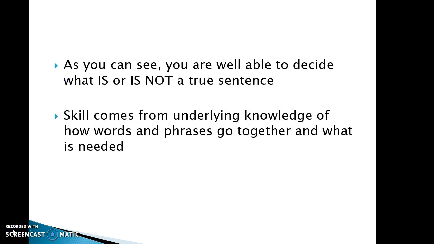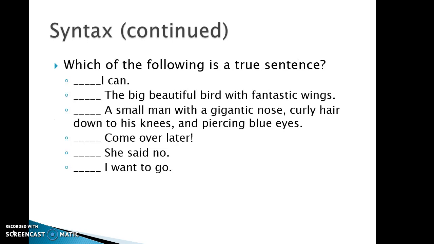As you can see, you're probably very well able to decide which is or is not a true sentence. If I go back to that, I can is a sentence. The big, beautiful bird with fantastic wings is not. A small man with a gigantic nose, curly hair down to his knees, and piercing blue eyes is not, because they lack that verb phrase. Come over later works as a sentence. She said, no, I want to go.